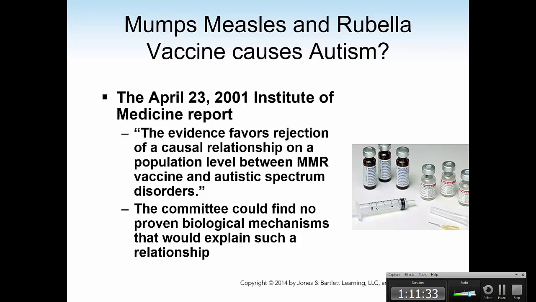And the scientific community came out, and there was an April 23rd, 2001 Institute of Medicine report that says there's no evidence of a causal relationship between the measles, mumps, and rubella vaccine and autistic spectrum disorder individuals. The committee could not even find a proven biological mechanism that would explain such a relationship.